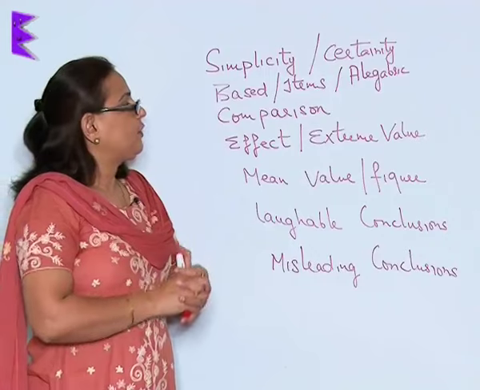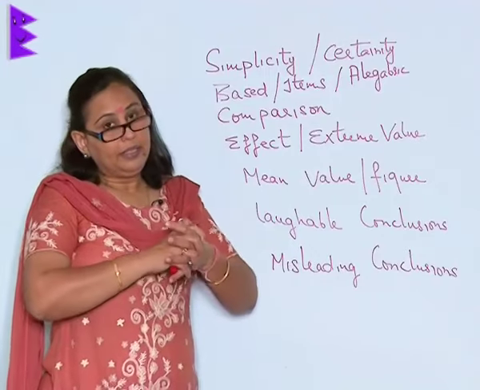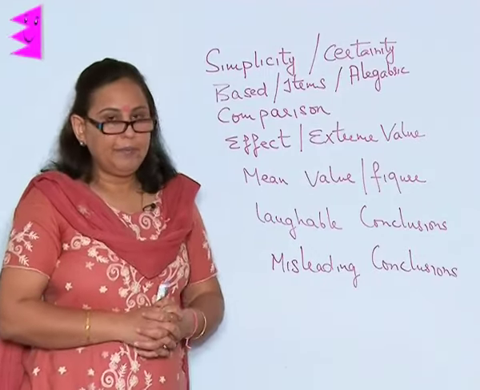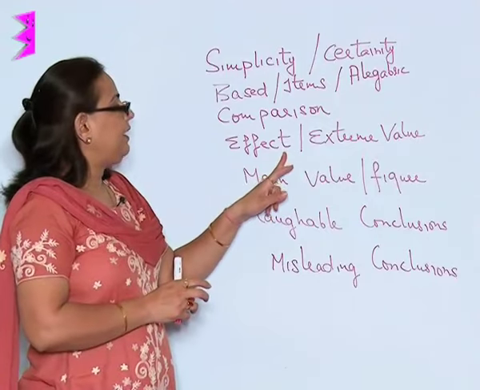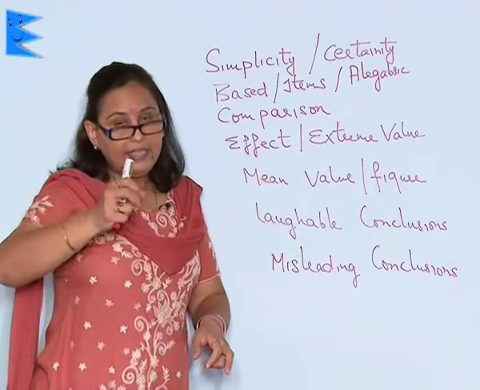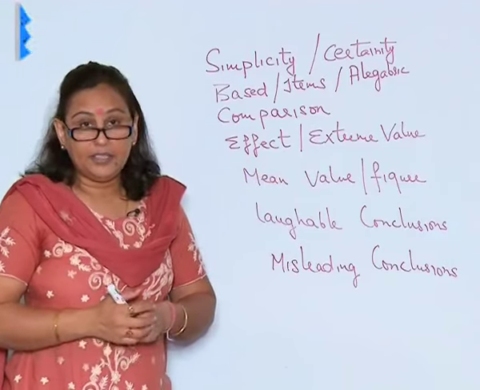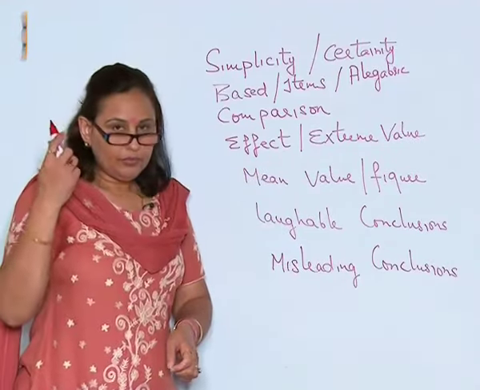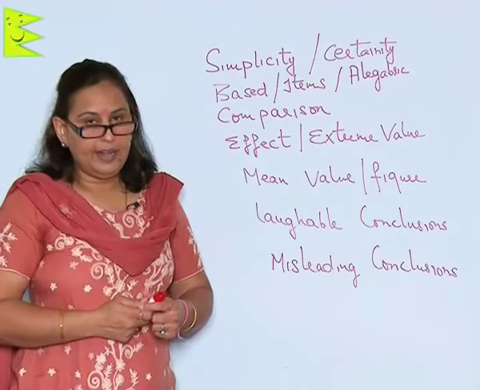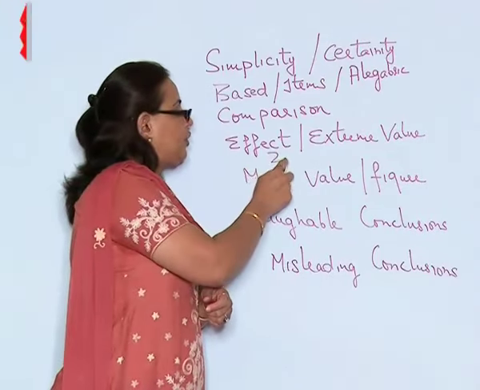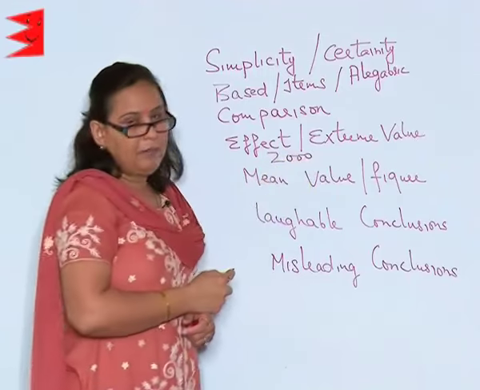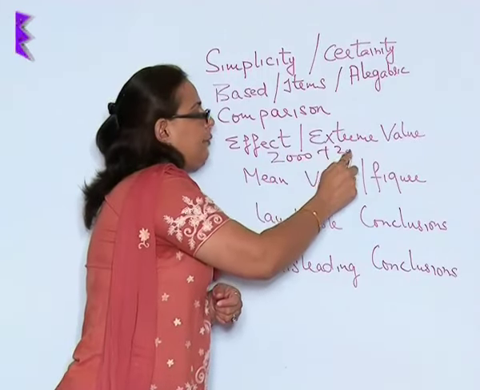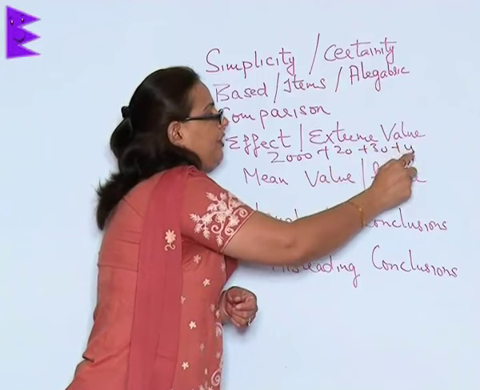But mean is also not without its demerits. The first demerit is that it gets affected by the extreme value. For example, if there are 5 students in a classroom and one of them gets 2000 rupees as pocket money and the rest of them get say 20, 30, 40, 50 rupees.